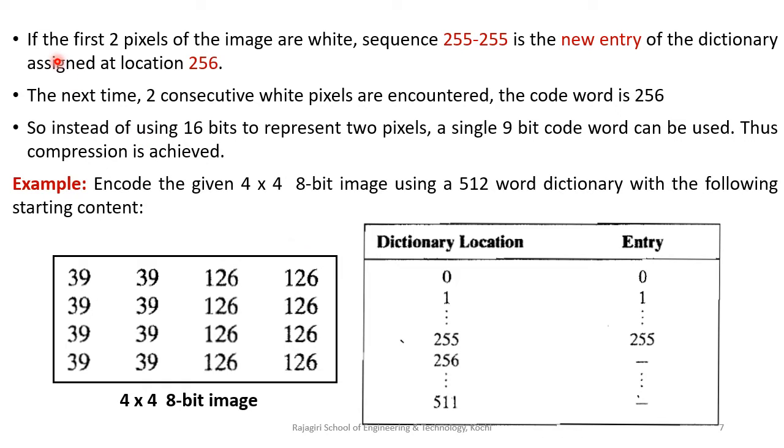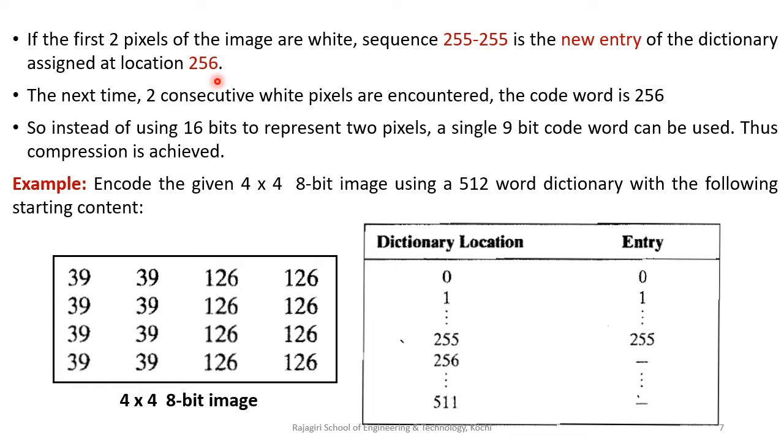Suppose the first two pixels of an image are white. That means the pixels have an intensity value of 255. In that case, the sequence 255, 255 is a new entry of the dictionary, which can be assigned at the first unused location of the dictionary, which is 256, since the first 256 locations, 0 to 255, are used.